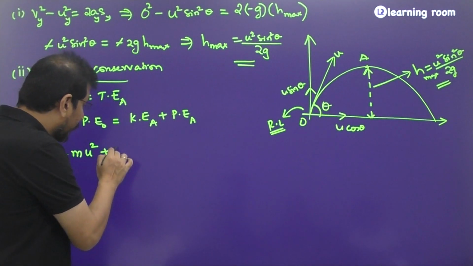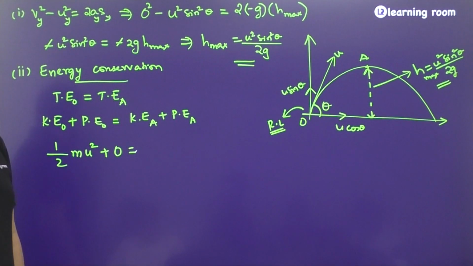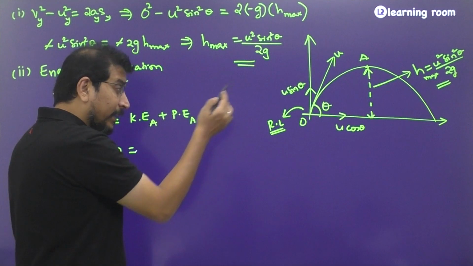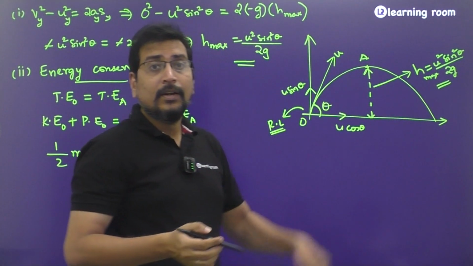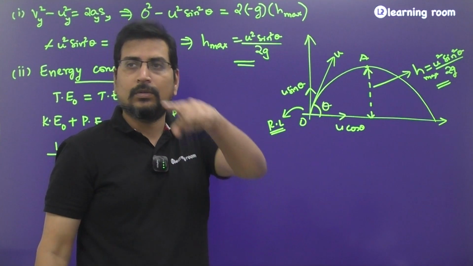So it is half m u square plus the potential energy at point O, which is 0 because that is the reference line itself. This equals the kinetic energy at A. It's not 0, because it is only the vertical velocity that is 0.